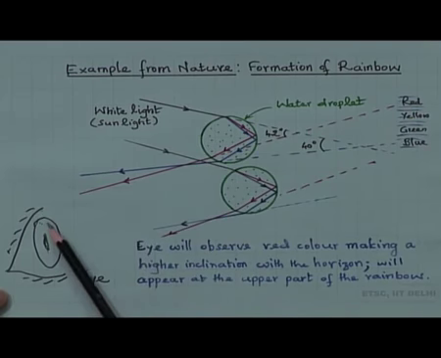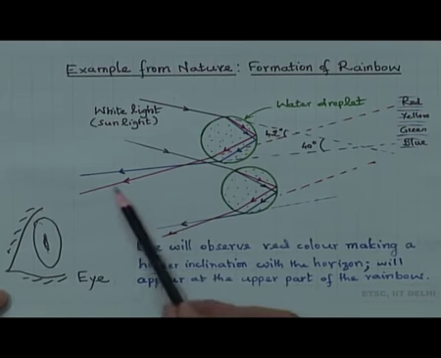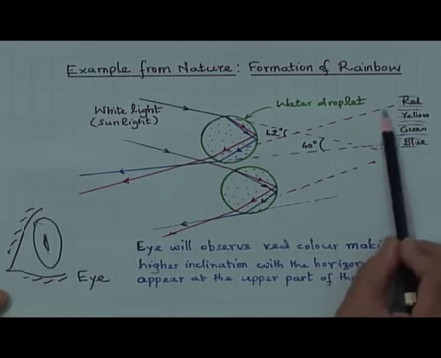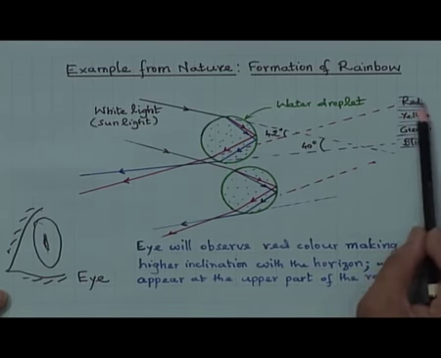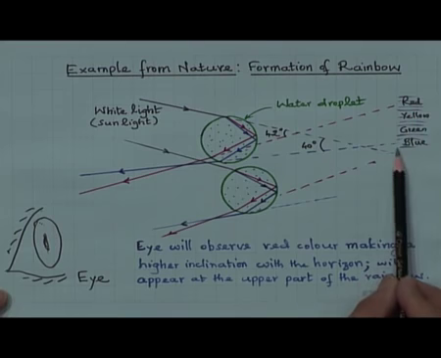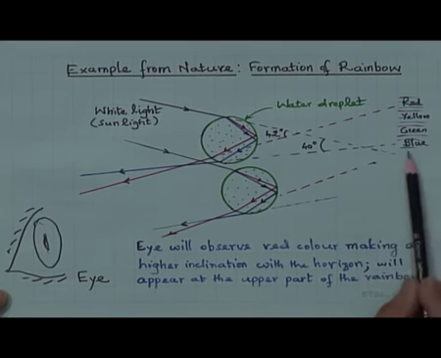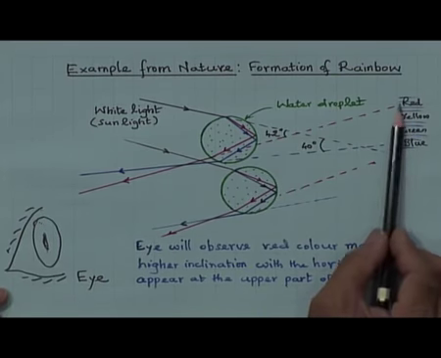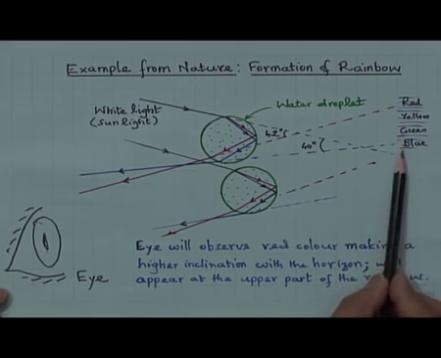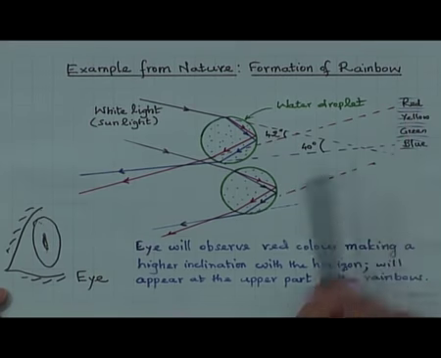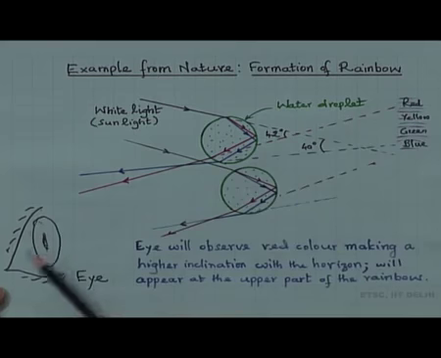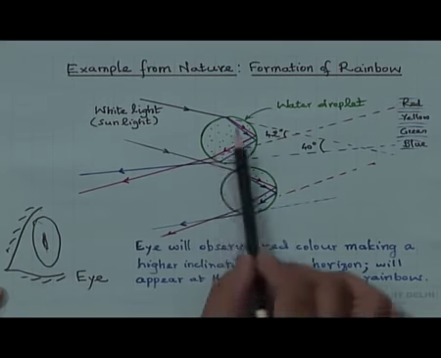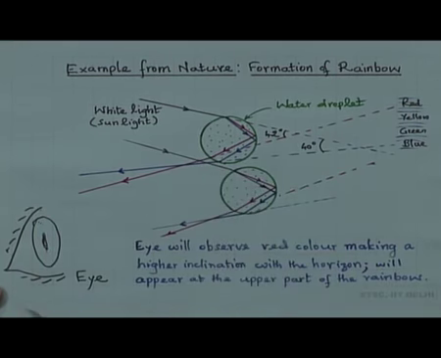So, for him it appears as if red color is coming from a position somewhere here in the horizon and blue color comes from a lower position in the sky, and therefore, we see red, yellow, green, blue in this order. The rainbow colors are visible in this order if the situation prevails like this.